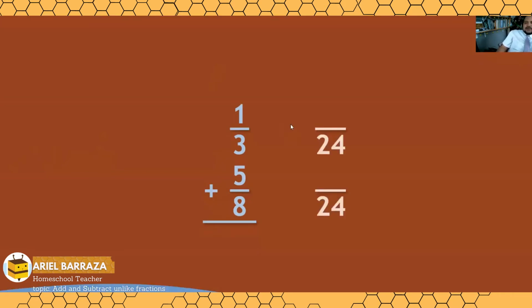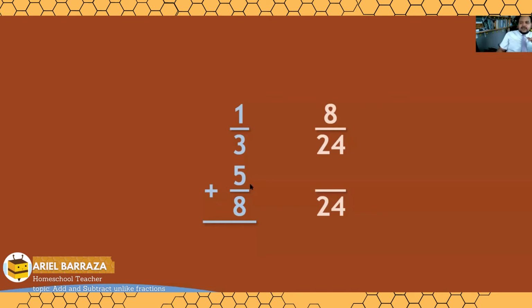At the first example, I have 1/3. How many times do I need to multiply 3 to get 24? You know that answer is 8. So you will multiply the whole fraction times 8. So 8 times 1 is 8, 3 times 8 is 24.